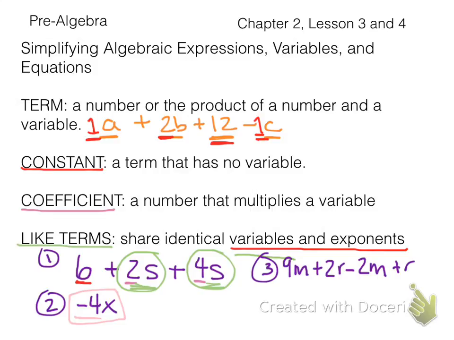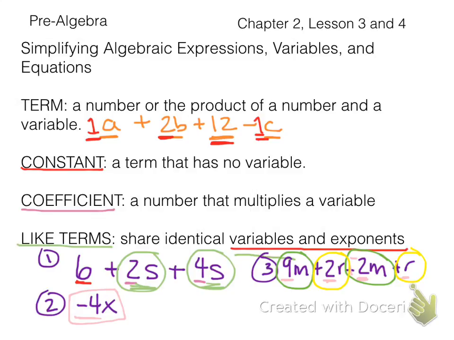All right, next example, we have 9m plus 2r minus 2m plus r, and the coefficients are 9, 2, negative 2, and 1. The like terms: this one has 4 terms, but the like terms are 9m and negative 2m, and then we also have another set of like terms, which are 2r plus 1r, okay?